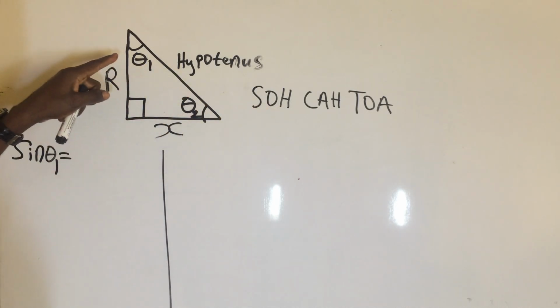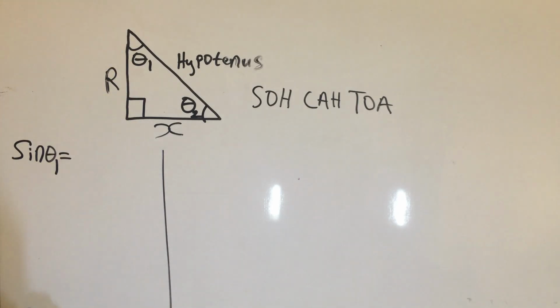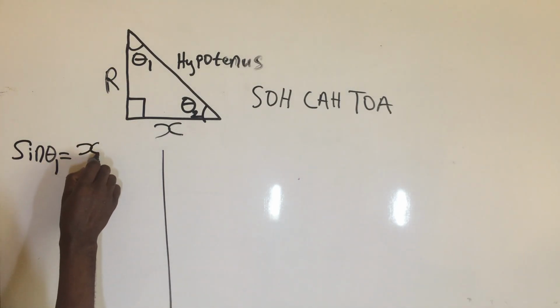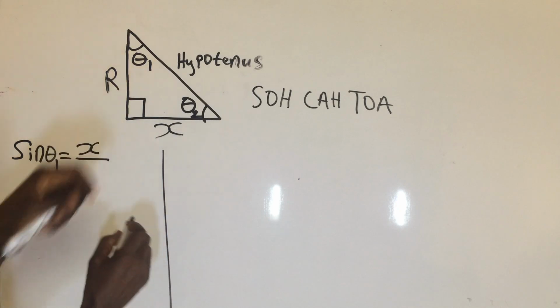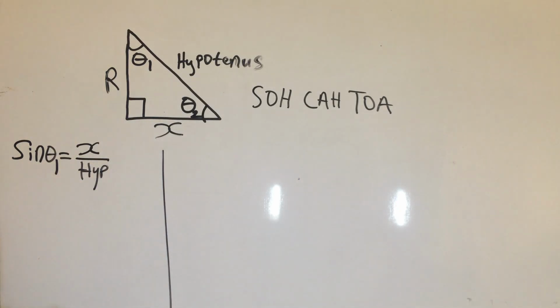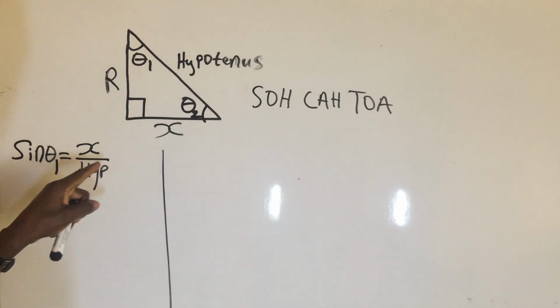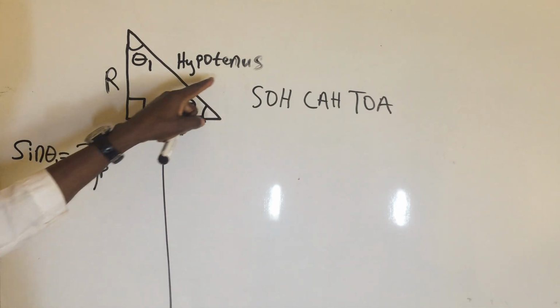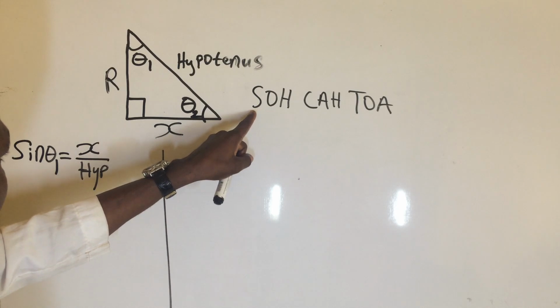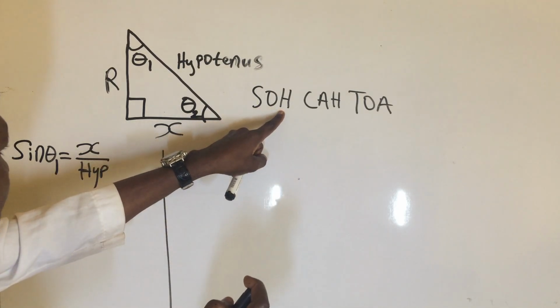Referring to this theta 1, here will become my opposite, which is X, all over hypotenuse. Sine theta 1 equals opposite all over hypotenuse, for your easy remembrance.